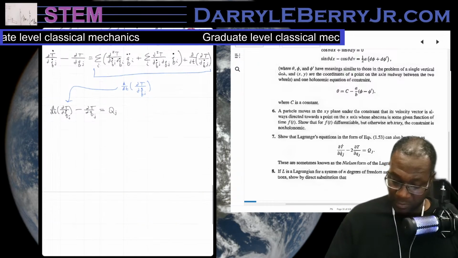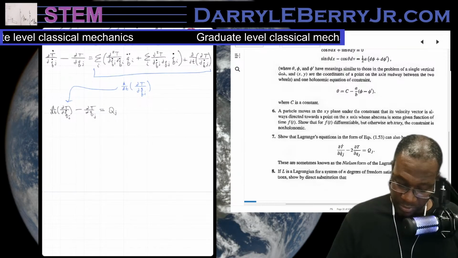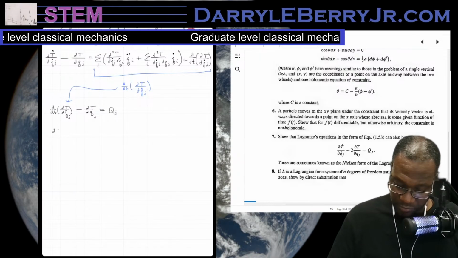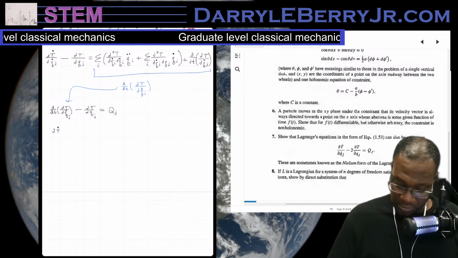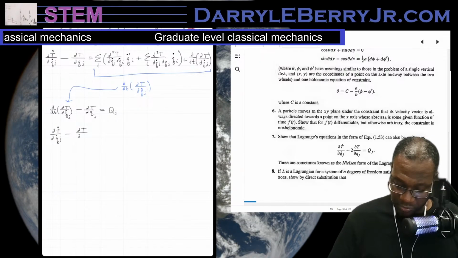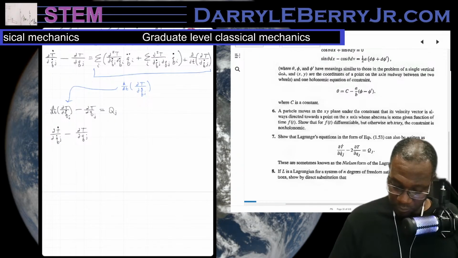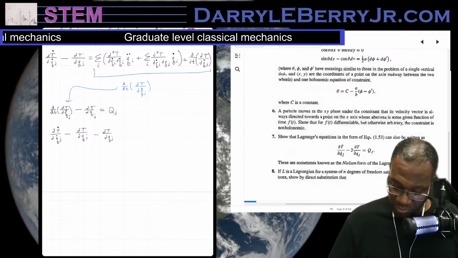I can plug it in. So then I have partial T dot over partial q dot j minus partial T over partial q j, minus partial T over partial q j equals Q j.